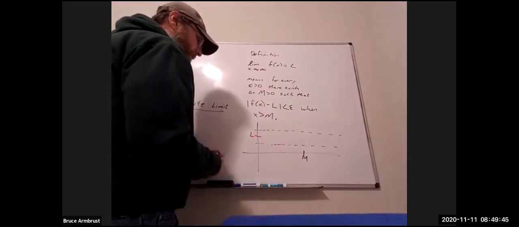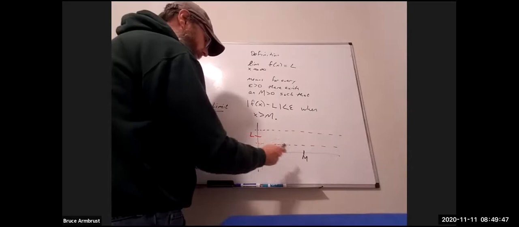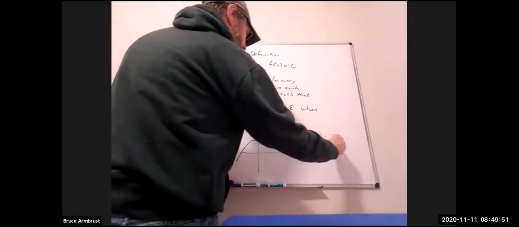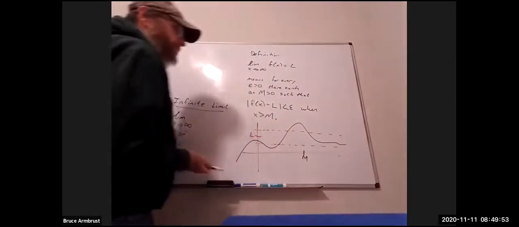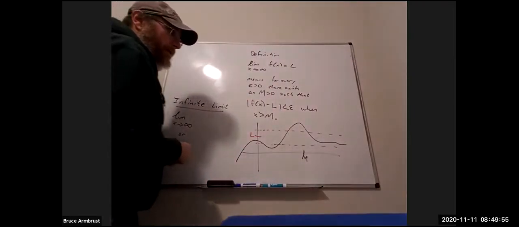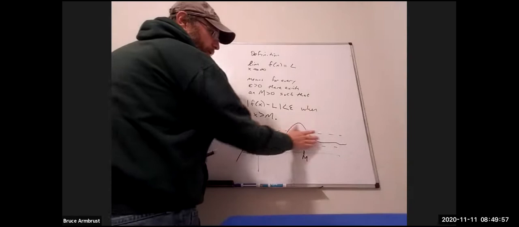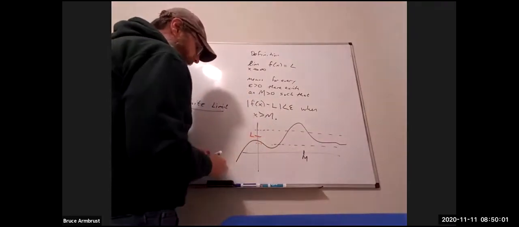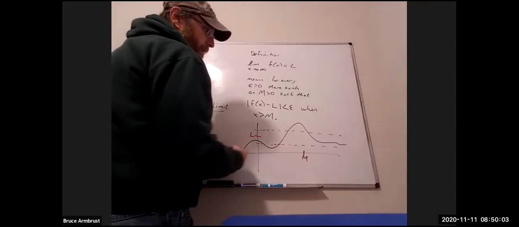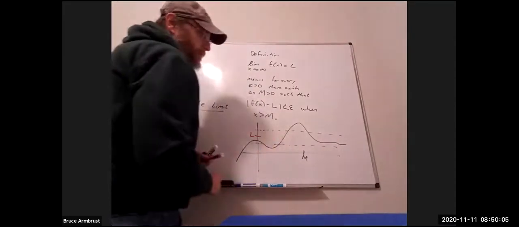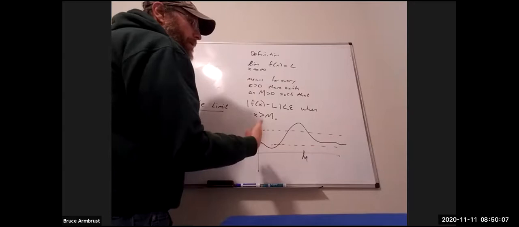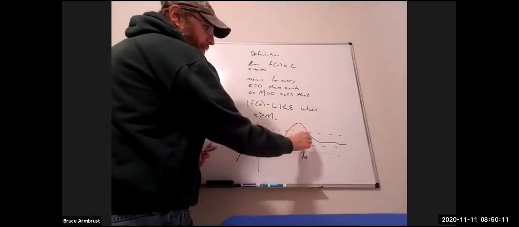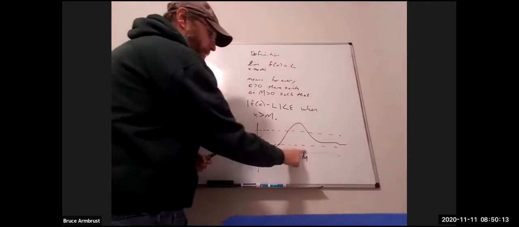Okay, so what we're going to see in terms of a function here, maybe this is our function. So it does this. Notice that as we keep moving far to the right, this thing starts getting closer and closer to L. L is right smack dab in the middle of this strip. But eventually, there's a place at which all of the function lies in that horizontal strip.